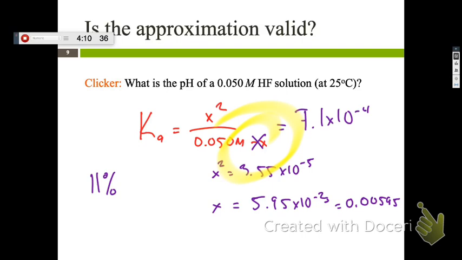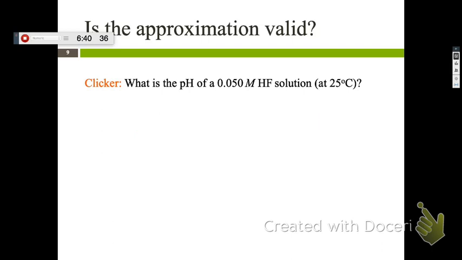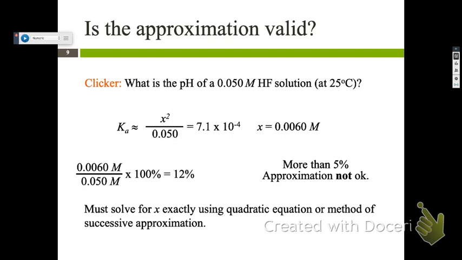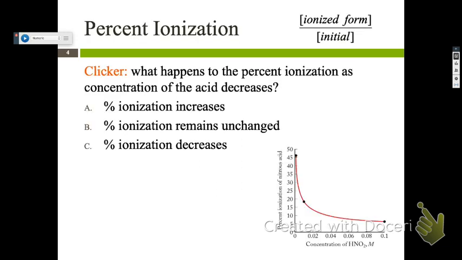Then you take the new number you get, plug it in there, solve for x, and do it again. You keep getting closer and closer to the actual value of x by plugging in what the change is. It's kind of fun. So you would have to use quadratic for this, or the law of successive approximations.